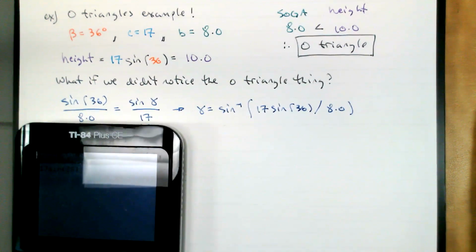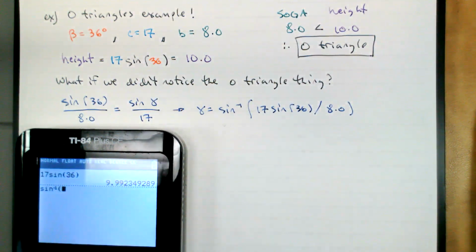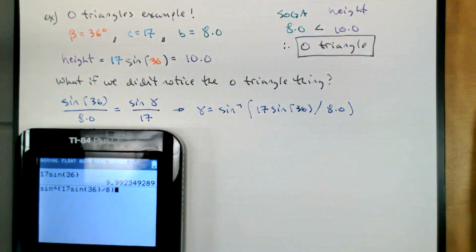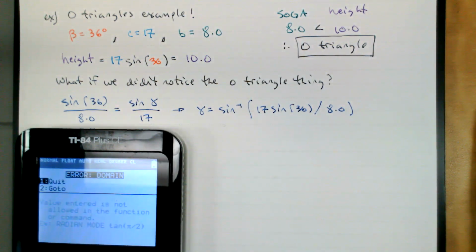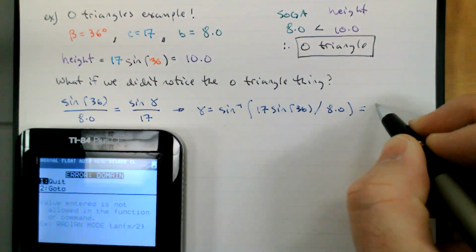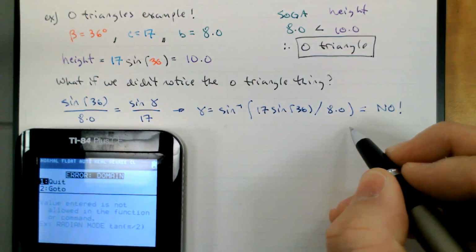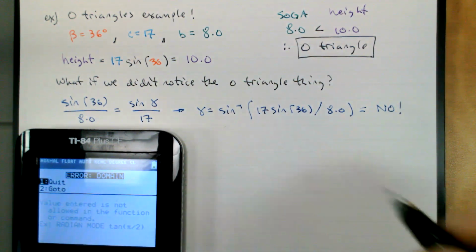So we grab our calculating machine and do the sine inverse of 17 sine 36 close parentheses divided by 8 close parentheses equals, and we get a domain error. Calculator's like, oh no, pay more attention. Specifically, we have a domain error. That's the important part.